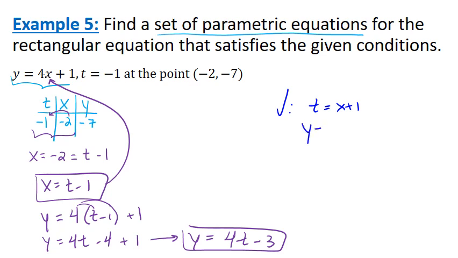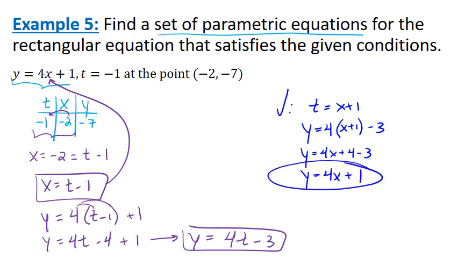So I will have y equals 4 times t, but t is really x plus 1, minus 3. Distribute this and rewrite this, and I get 4x plus 1. And this is the rectangular equation we started with, so it checks out.